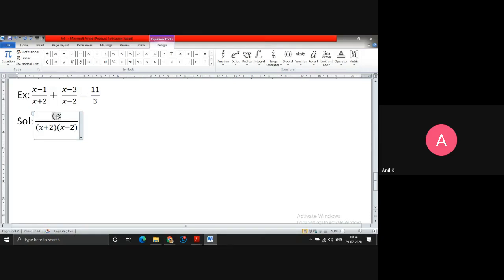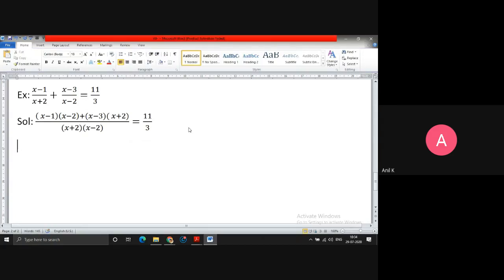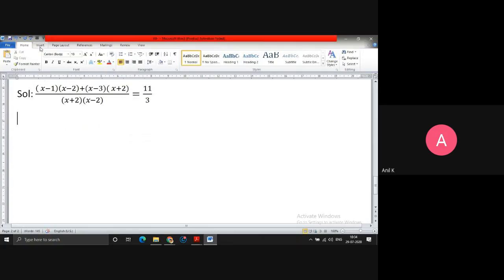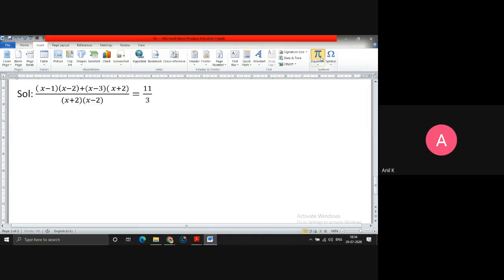You have x minus 1 multiplying with x minus 2, then plus x minus 3 multiplying with x plus 2. Okay, I hope this step is clear for everyone, which is equals to 11 upon 3. So the next important step is multiplying or opening up the brackets.